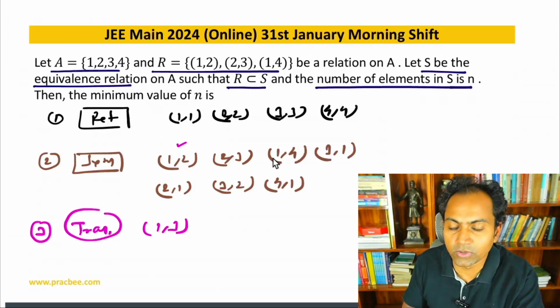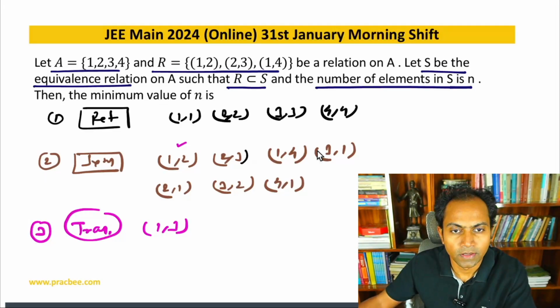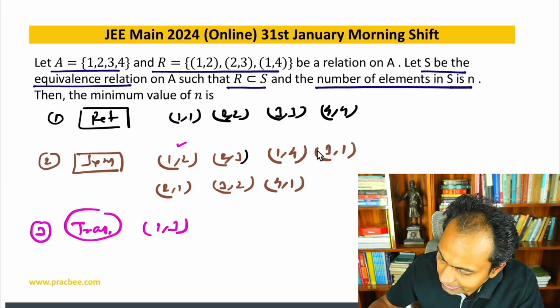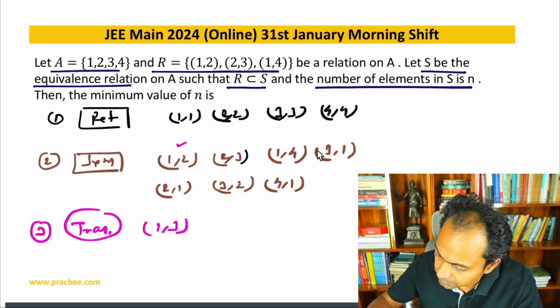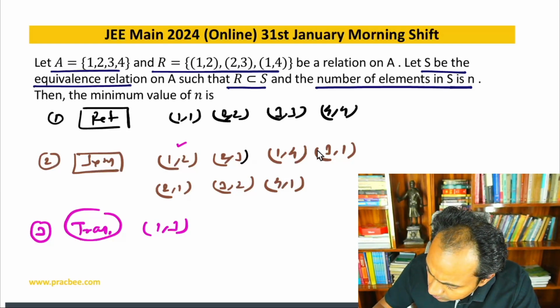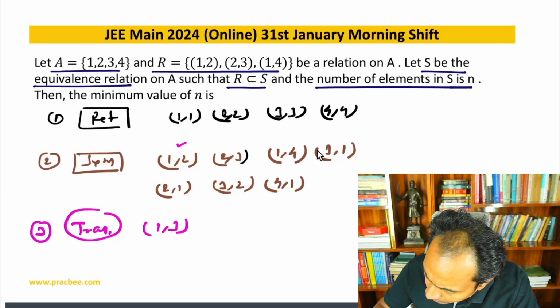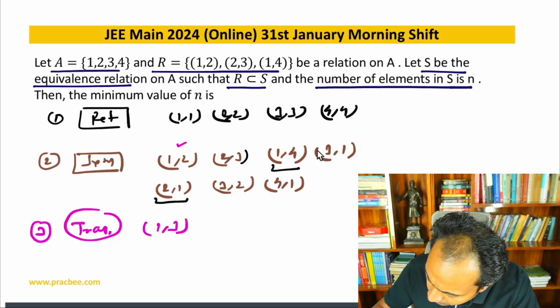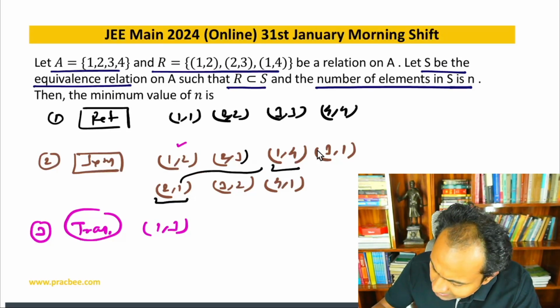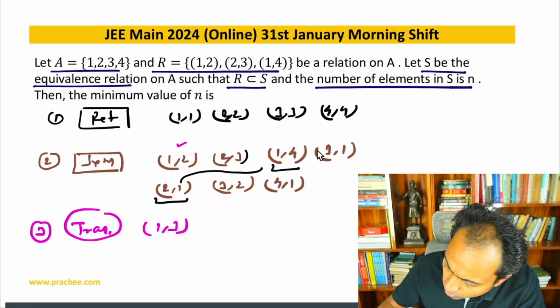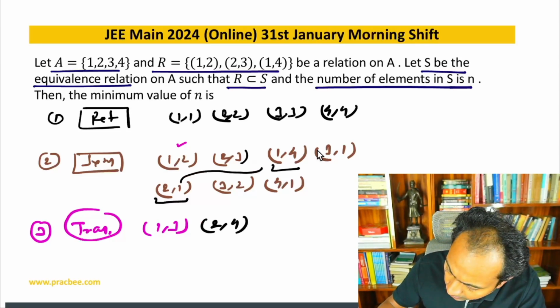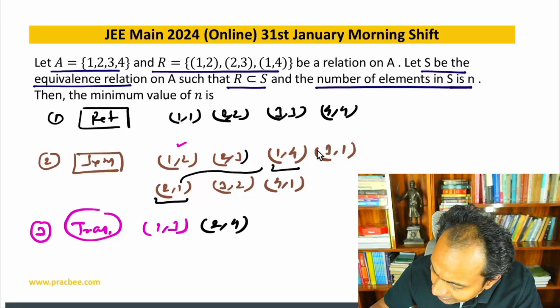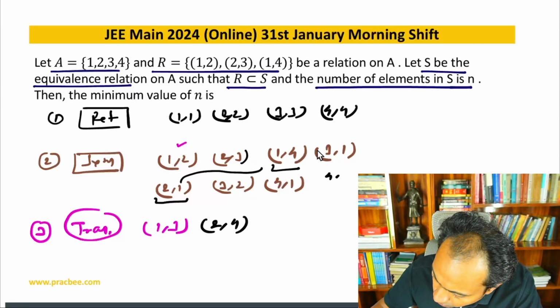So this also will get added to the list. Moving forward, you can see that what we have is 2, 1 and 1, 4. So in order to make this transitive, you will require 2, 4. And in order to make that symmetric, you will require 4, 2.